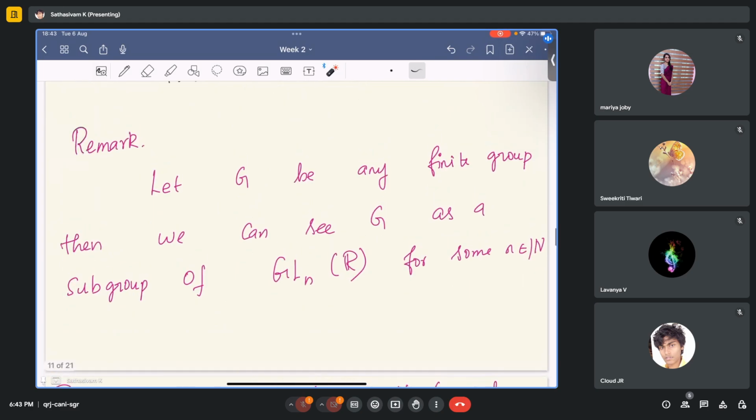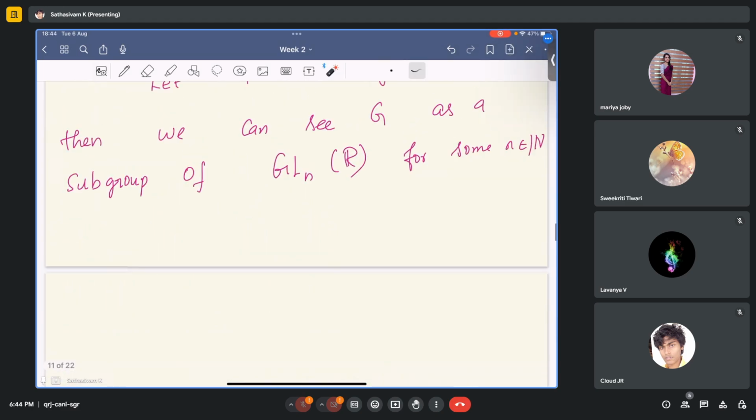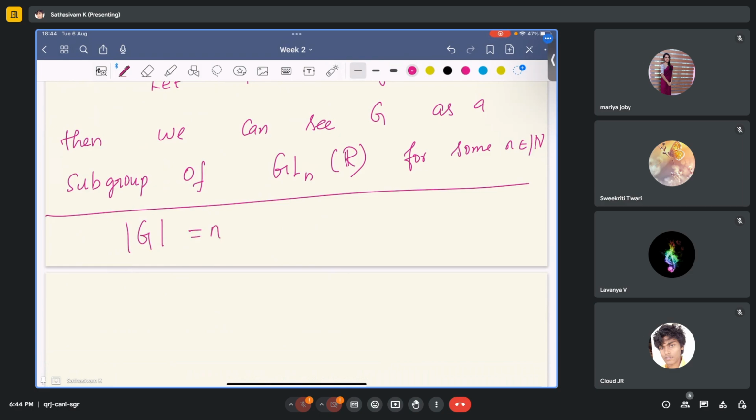In fact, one can also say that for any finite group G, you have studied the symmetric group, right? Suppose the order of G is equal to n, then we can say that G is a subgroup of Sn. This theorem is called Cayley's theorem.